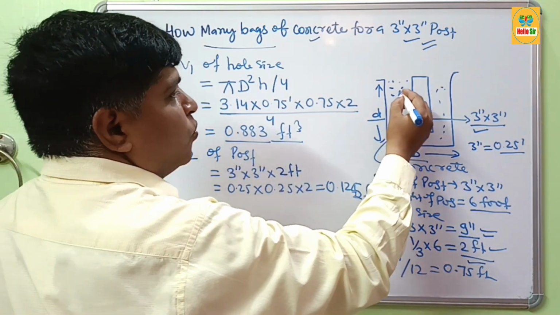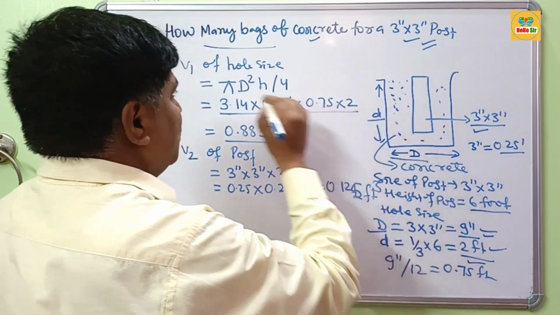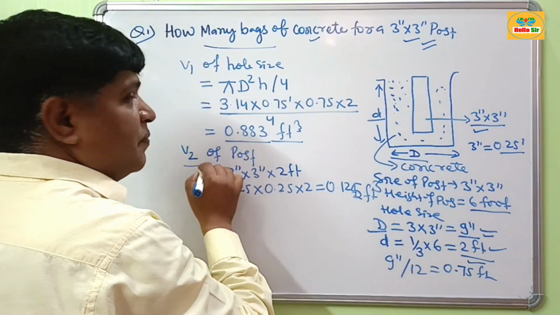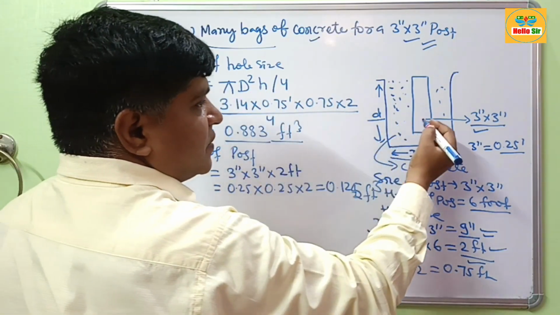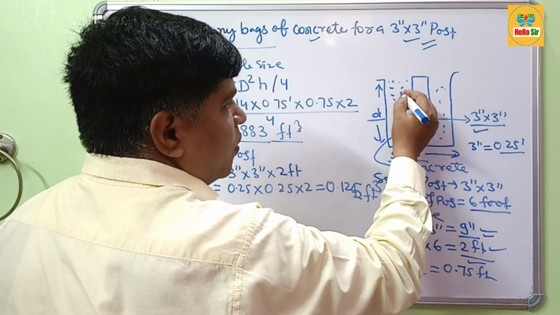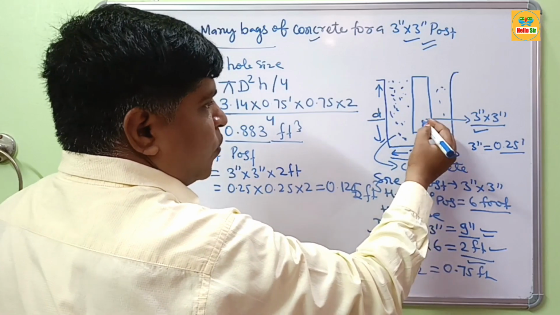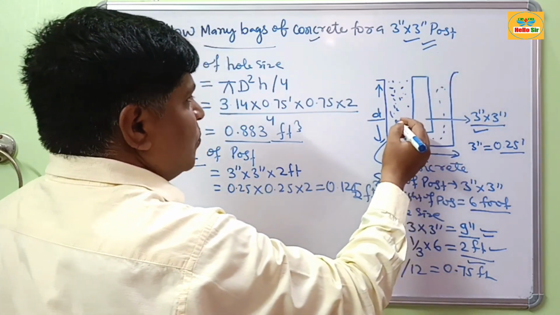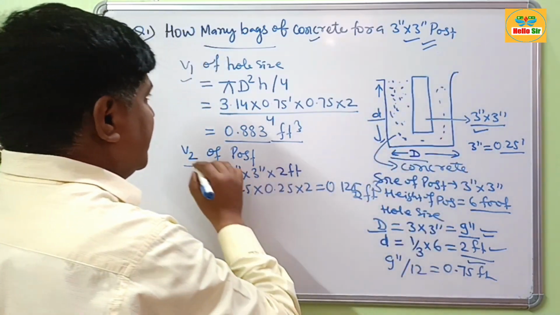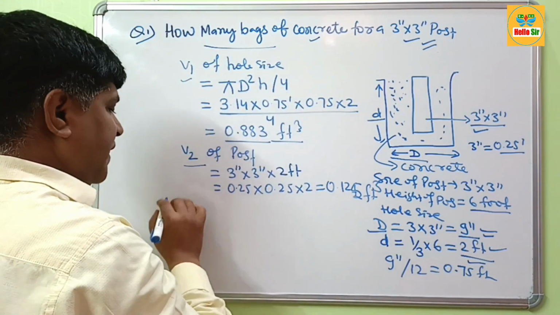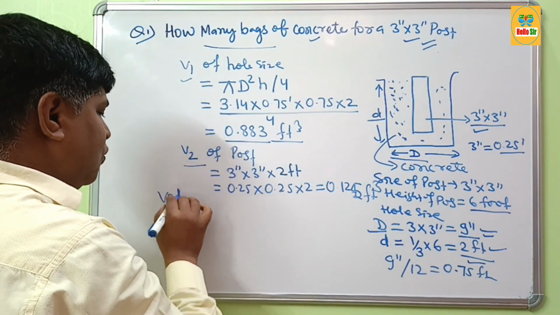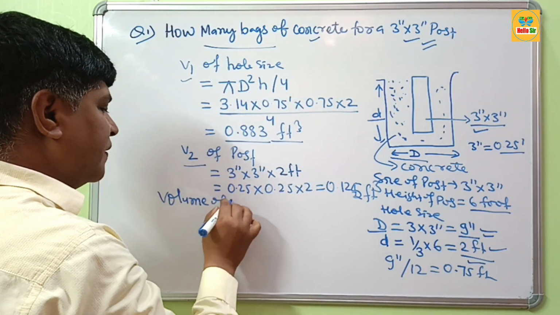And what is the volume of the concrete material? If you want to calculate the volume of required concrete, you subtract the volume of the post V2 from the volume of the hole V1. Then you find the volume of concrete. Now come to the point, volume of required concrete.